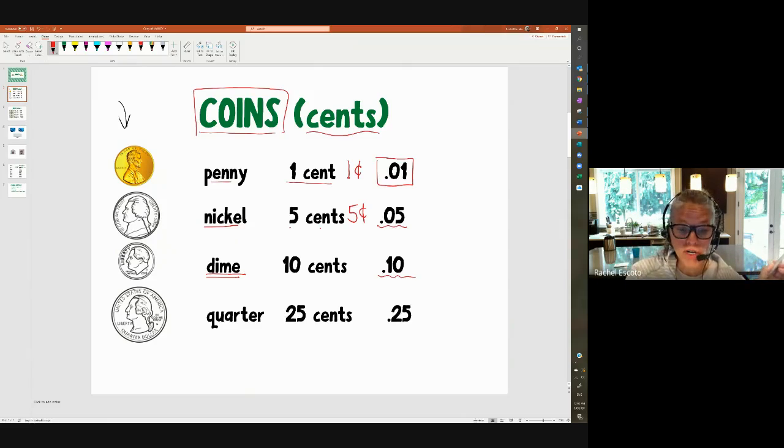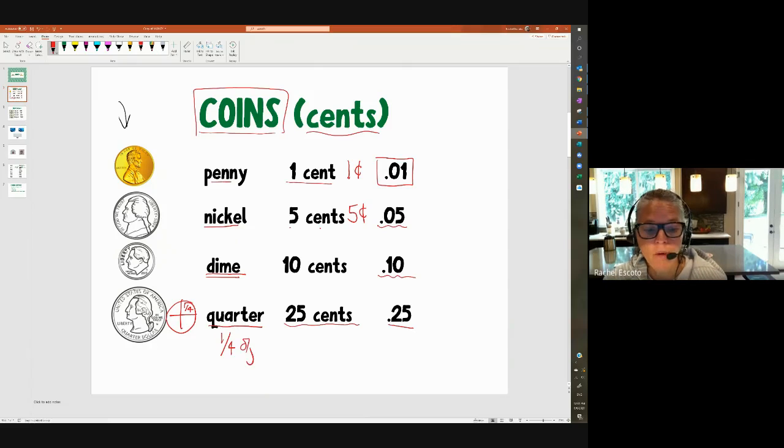And then a quarter is 25 cents. And think quarter, remember, quarter is this, right? Quarter, just like when we were talking about the time, the word is quarter, and it means 1/4. This is 1/4 of $1, right? 25 cents.